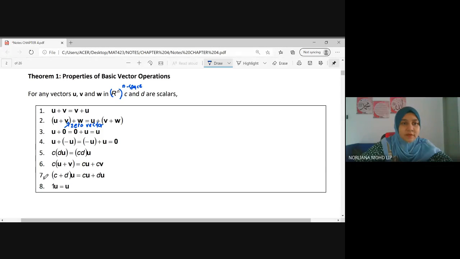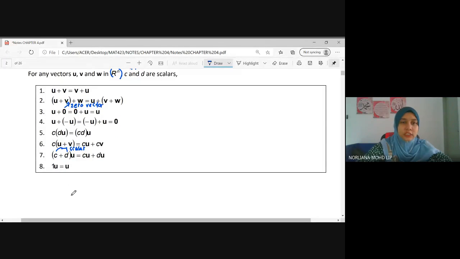And number 7, c plus d, the addition of scalars, times u equals cu plus du. And the last one, 1 times u equals u. 1 is also a scalar.